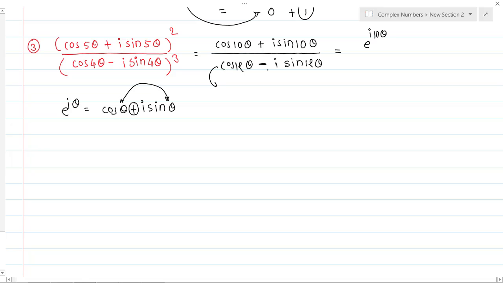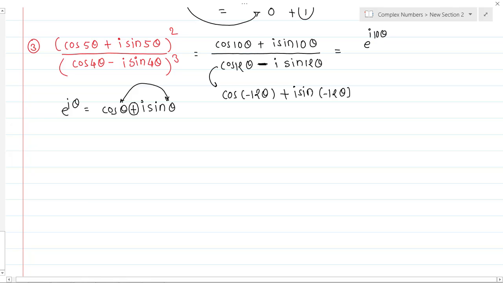So how can you write this denominator? If I want a positive sign here, it can be written as cos of minus 12 theta plus i sin of minus 12 theta. Why have I done this?